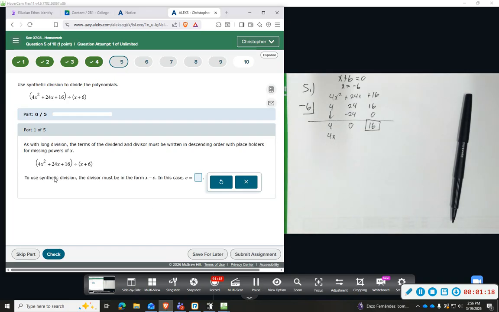So it says for synthetic division, the divisor must be in the form of x minus c. In this case, c is -6, because if we do x minus c, that's x plus 6.